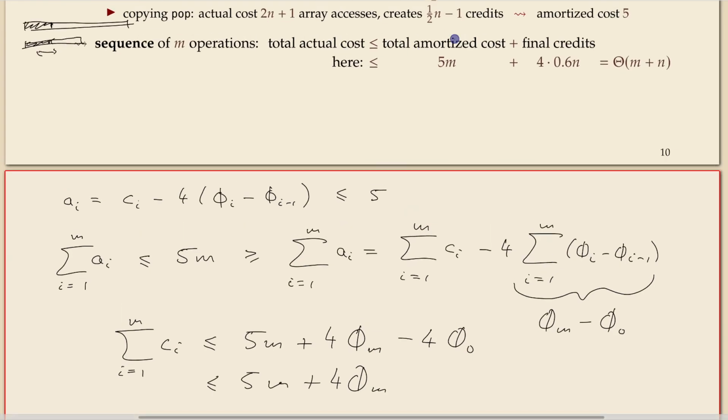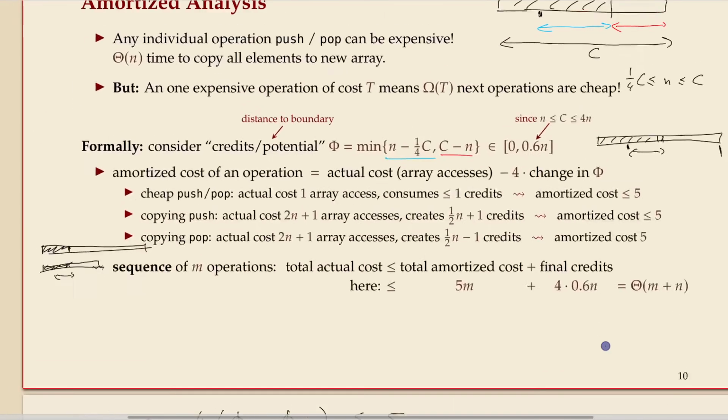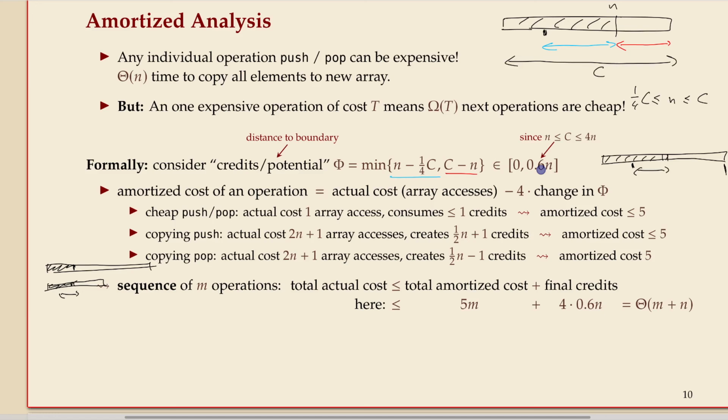The total costs are the total amortized cost plus the final credits, what I have at the end left. And total amortized cost is 5m, as we've argued. And the final credits, I don't know, but we know an upper bound for the credits. That's what we had up here. So it's at most that. And these two things together is some constant times m plus some constant times n. That's theta of m plus n. So what does that mean?